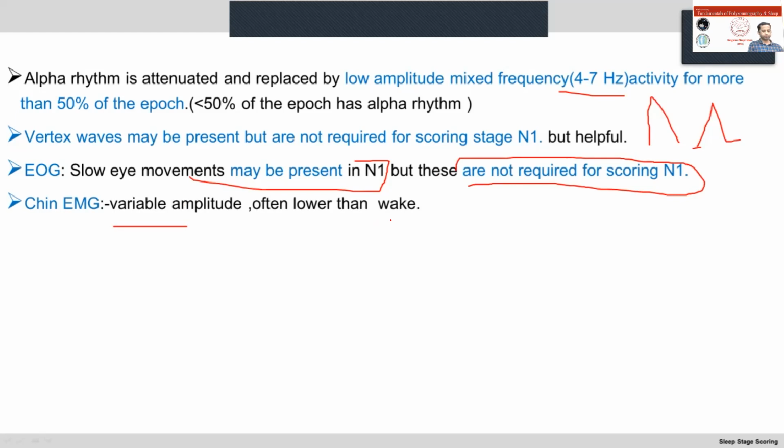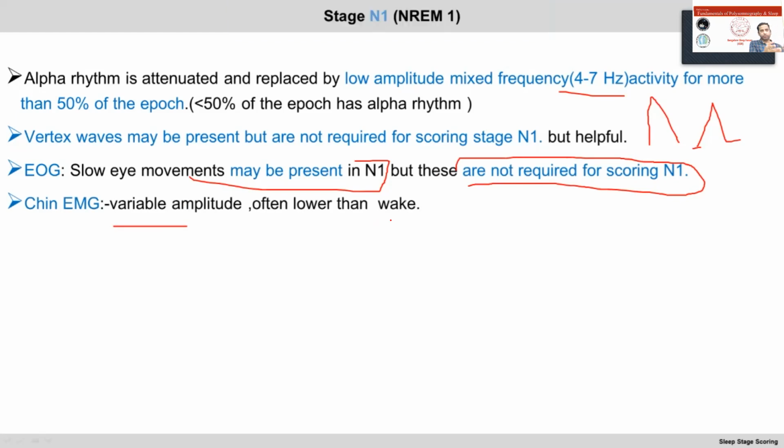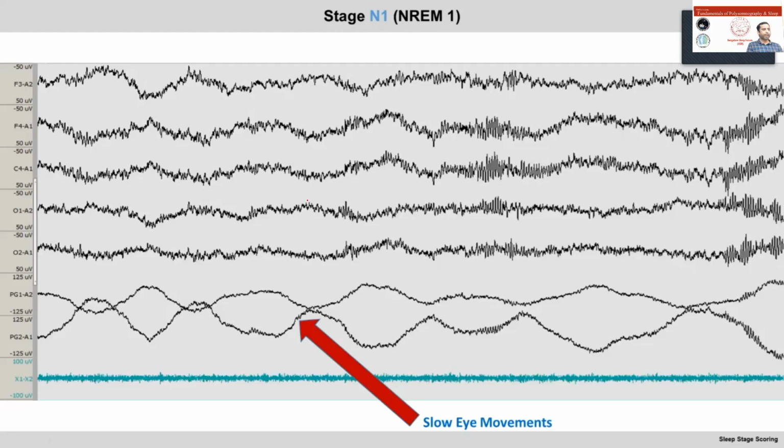So EMG is greatest in wake, lower in N1, then lower in N2, lower in N3, then R stage has atonia. That we will discuss. Okay, so this is how N1 looks like.